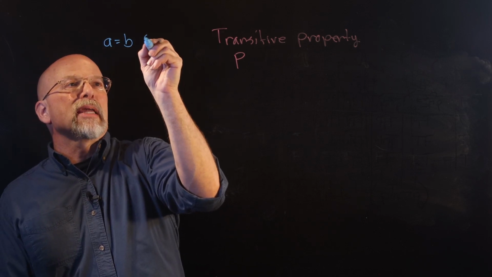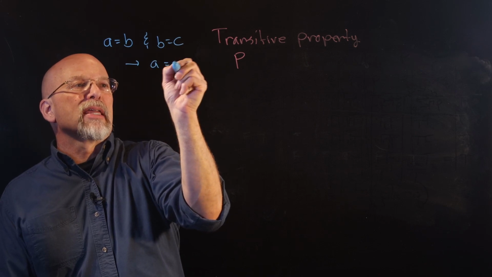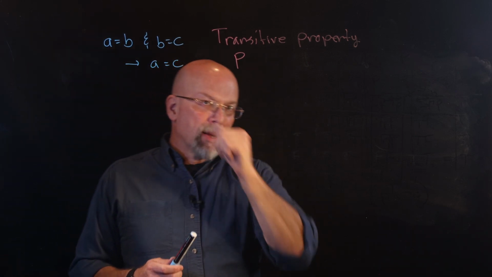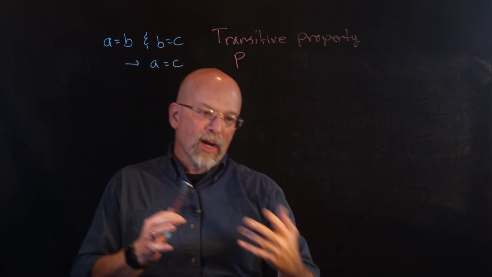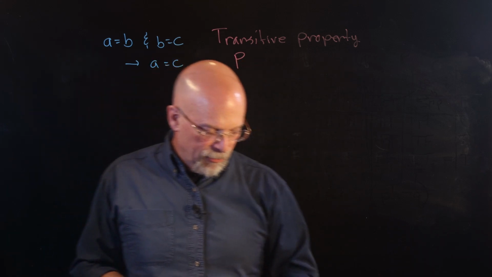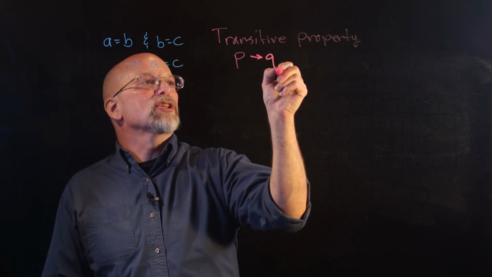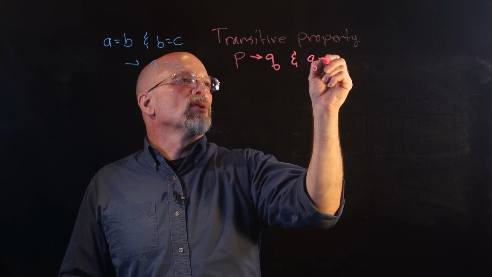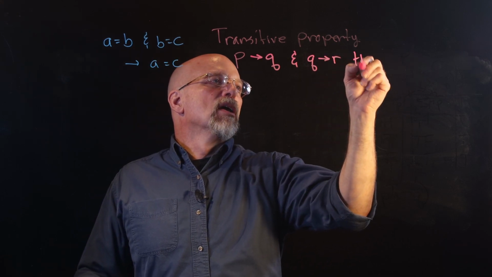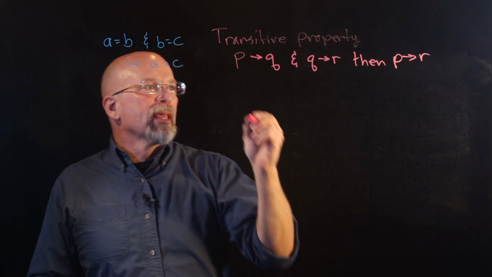A equals B and B equals C implies A equals C, right? Well, let's see if the transitive property also works with the implies. For example, P implies Q and Q implies R, then P implies R.